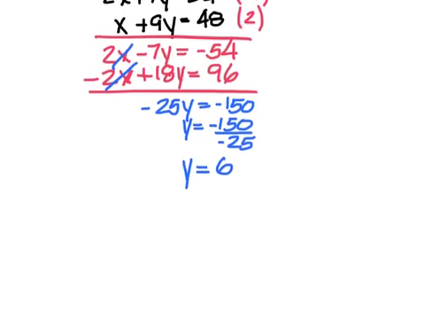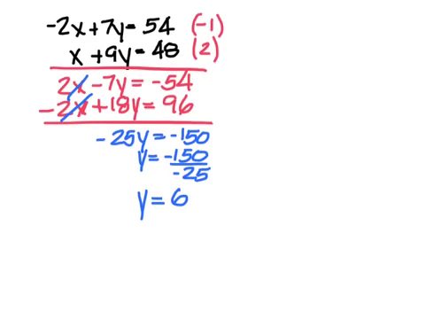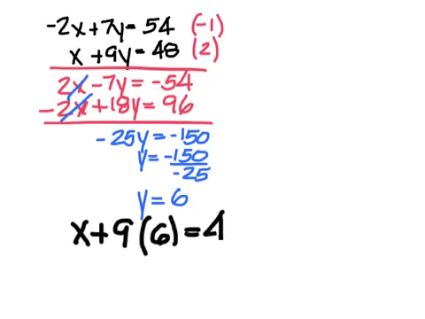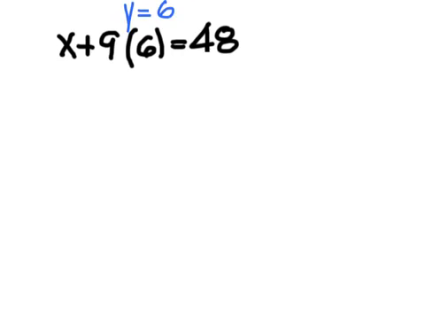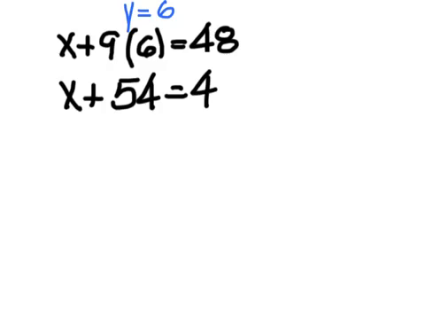Okay, which one am I going to plug it back into? Yeah, the bottom one looks easier, so we'll try x plus 9, and instead of y, we're going to put 6. Set it equal to 48. So that's x plus 54 equals 48.